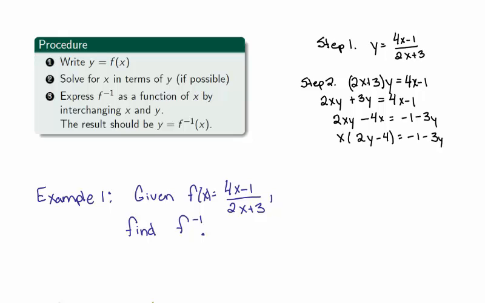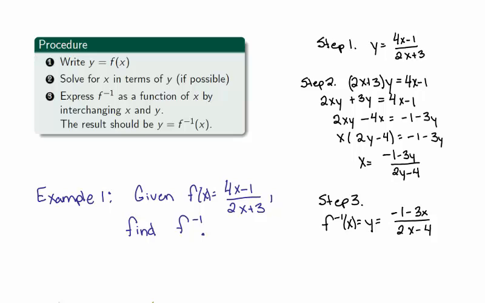Factoring gives x times (2y minus 4) equals negative 1 minus 3y. And finally, solving for x, we get x is equal to (negative 1 minus 3y) divided by (2y minus 4). In the final step, we interchange x and y, getting y is equal to (negative 1 minus 3x) divided by (2x minus 4), which is equal to f inverse of x.